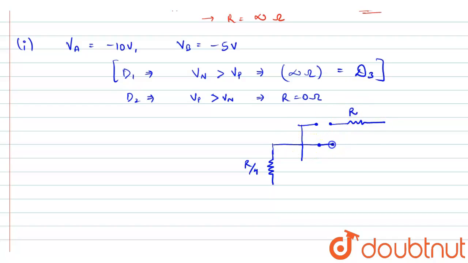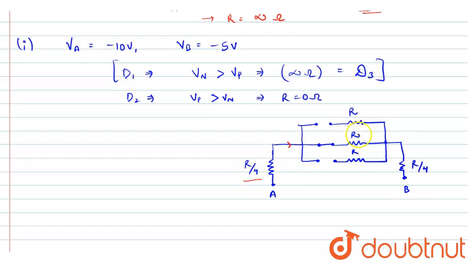The middle branch is short circuited, with resistance R ohm, and the third branch is also open circuited, with R ohm. Further, we have here R by 4 ohms, connected between terminal A and terminal B. Now in this case, if I have to find the equivalent resistance, we have R by 4.